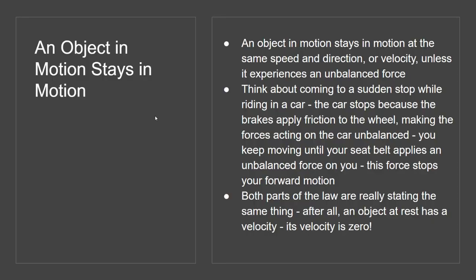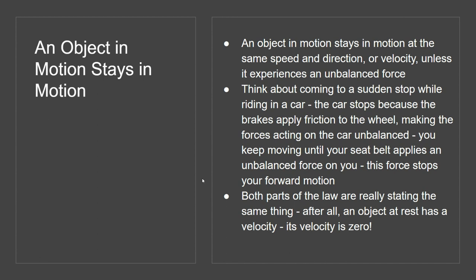Okay. An object in motion stays in motion. So again, here's where that car comes into play. Your body sitting in that car wants to move at the speed that it is going. Your body is sitting in a car driving 60 miles an hour down the highway.